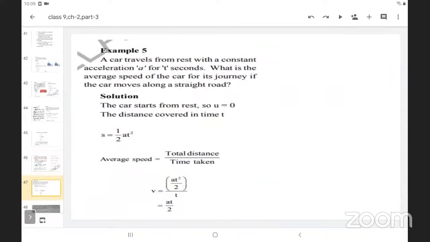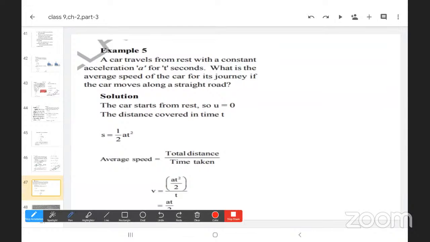And next, we have example 5. Very simple problem this is. A car travels from rest with constant acceleration A for t seconds.